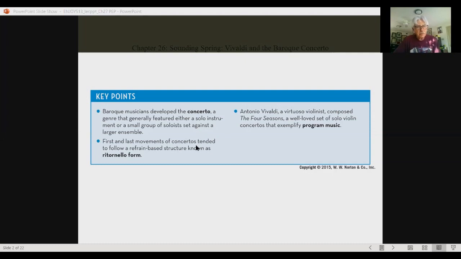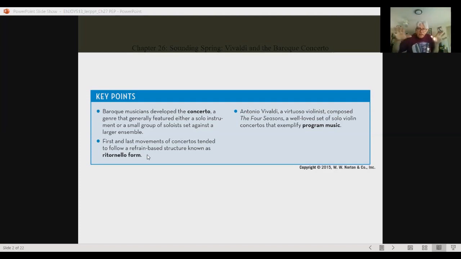The first and the last movements of concertos tended to follow a refrain-based structure known as ritornello form. Remember, we listened to the Bach cantata, and we kept saying, there is the ritornello. And then when we did the first opera we listened to, an example from Monteverdi, I kept saying, there's your ritornello.